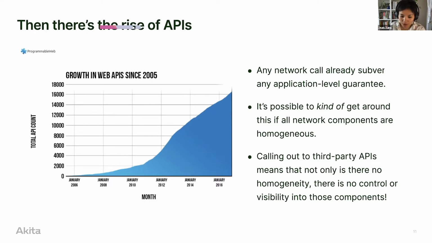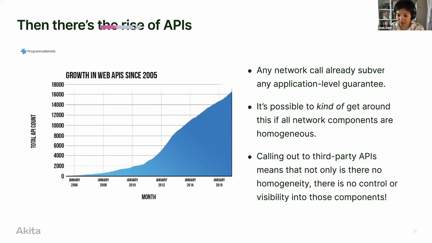But what the world is moving towards is increasingly decentralized software development, with more and more network calls facilitating this: service-oriented development, API-oriented development. And so I was like, all right, we've got to accept the way the world is.